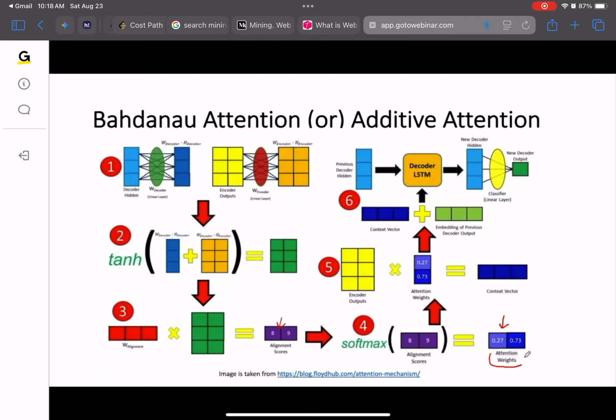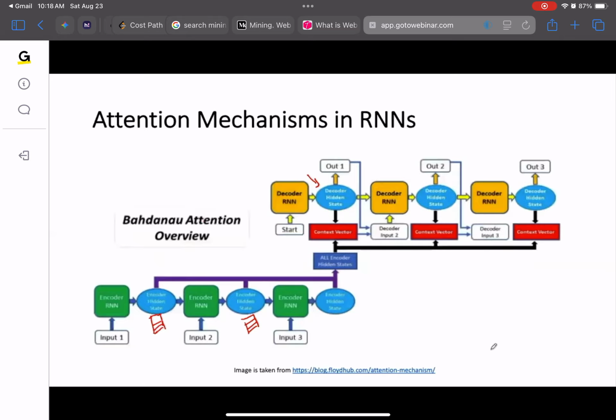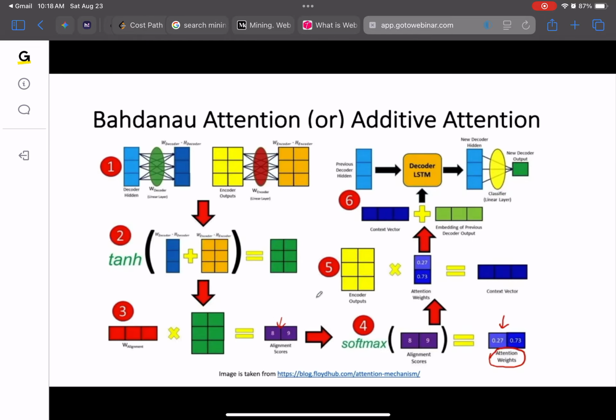What they indicate is that for each of the input hidden states, we assign a score. Here we have 3, so we would assign 3 scores, but we are assuming that we have only 2 inputs, so we have 2 scores.